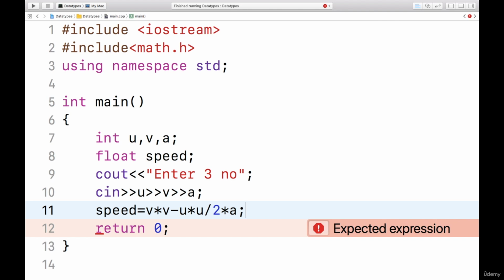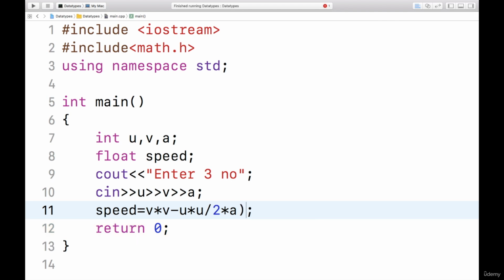Now this will be wrong, because 2a, everything is in the denominator, so this should be enclosed in brackets, and this entire thing is in the numerator, so it should divide the whole value, that is v square minus u square. Now this is perfect.